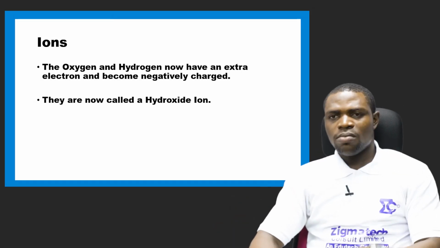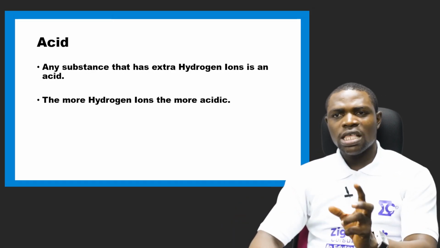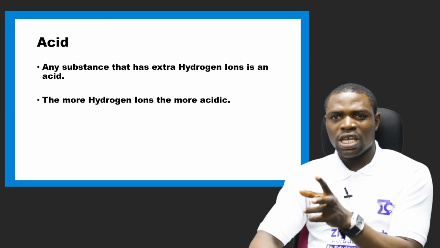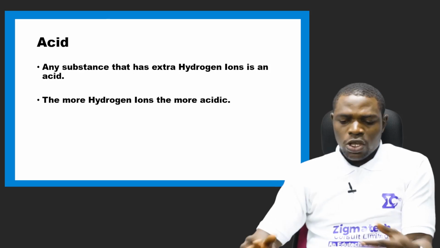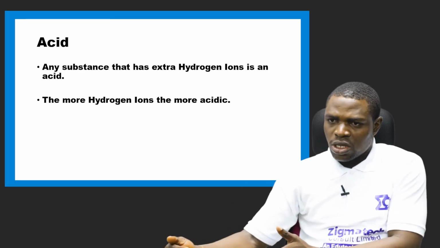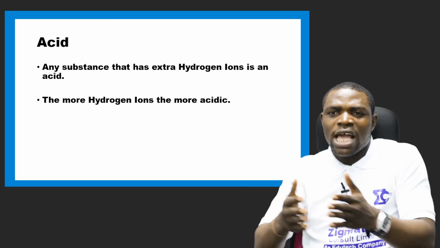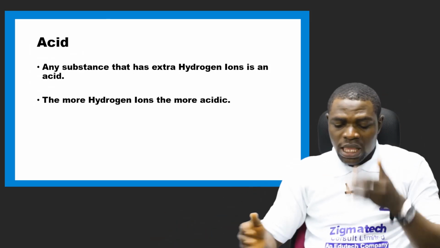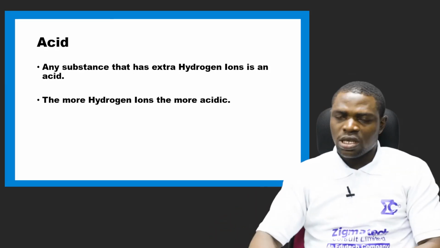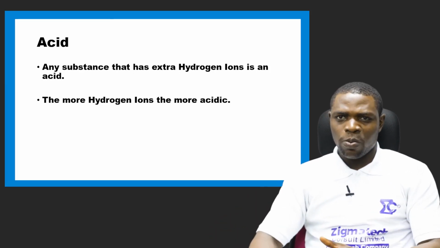You see this in many external examinations. Any substance that has extra hydrogen ion is an acid. So the more hydrogen ion, the more acidic. If you have 2H plus, that means 2 hydrogen ions, so the more acidic that substance will become. When you have OH minus, that is basic, and that has a basic property.